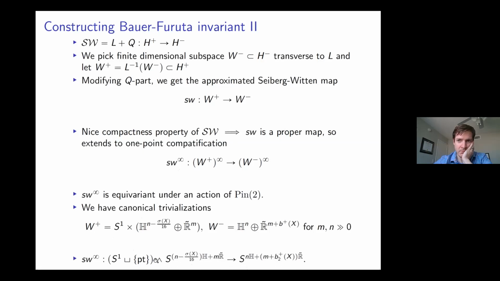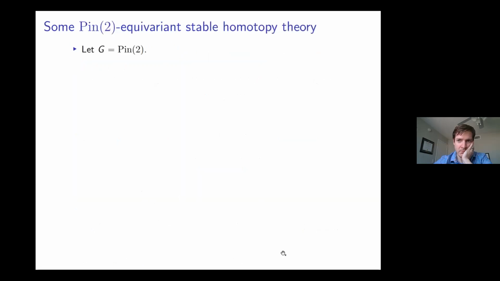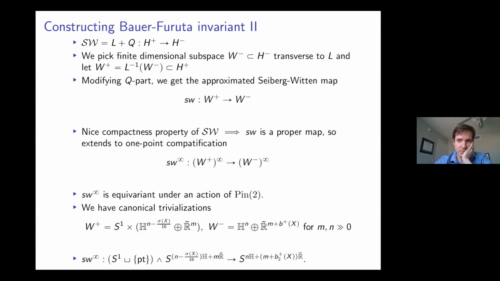Here, this wedge means smash product, and here I'm taking S¹ as a disjoint union with a distinct base point. So this is a Pin(2)-equivariant map between these two spaces. Any questions?